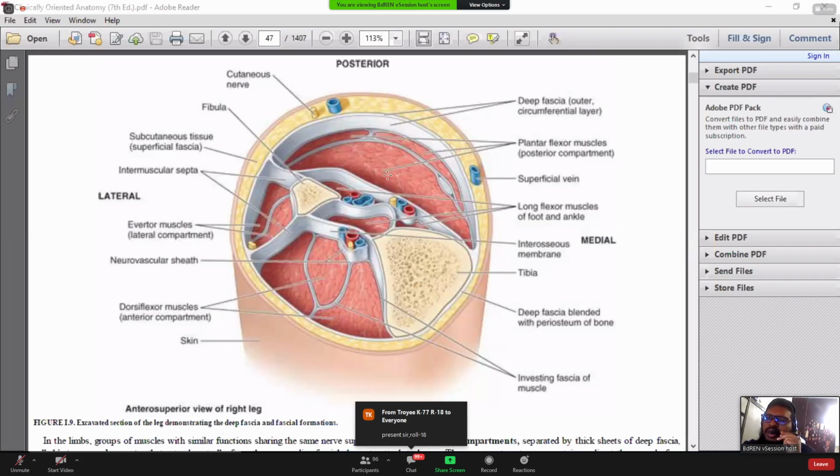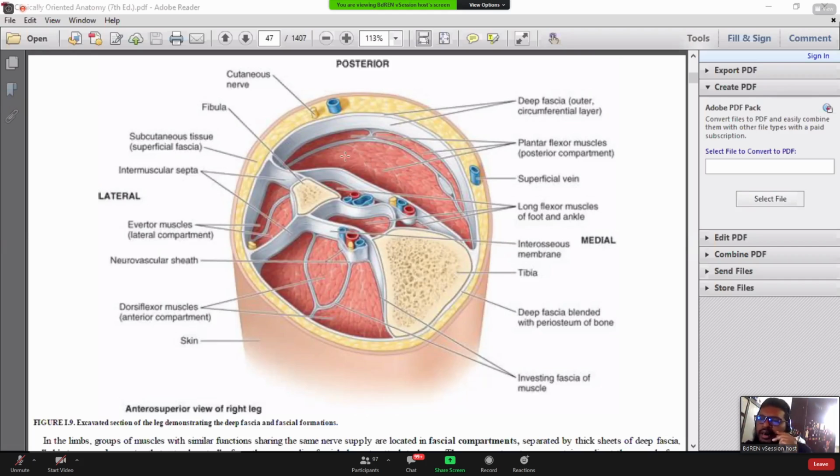Say, for example, if these fibers were mixed up with muscles of other compartments, we would have to expend more energy to get the same result, even if it was possible at all, because I think it was not possible. Say you want to contract the anterior compartment muscles. If they were mixed together like a chunk, you would have to separate the fibers fiber by fiber and then get the effect, and that is not possible.